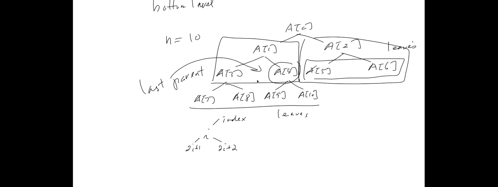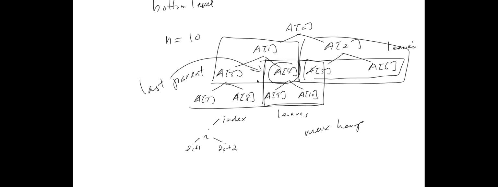So now to build a heap, for instance a max heap, we start from the last parent. So we start from here. This is a tree, and it has a parent, which may have one or two children.